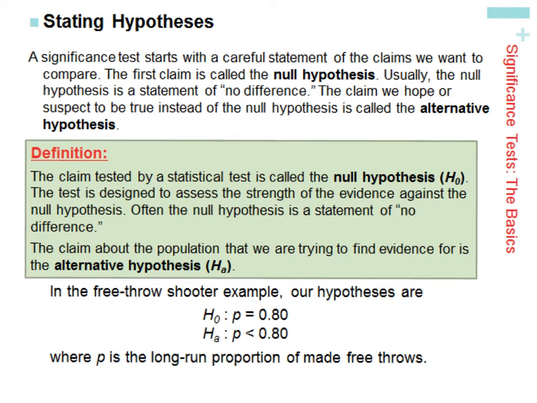So this summary right here is basically what we call our state step. This looks a little bit different because we're now doing a test, not constructing an interval. You'll have 2 of them, H0 and Ha. H0 is always set up as an equal sign.